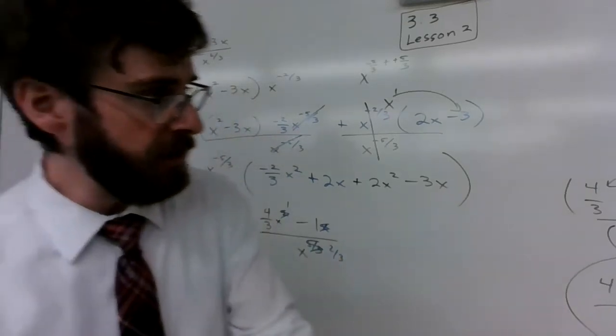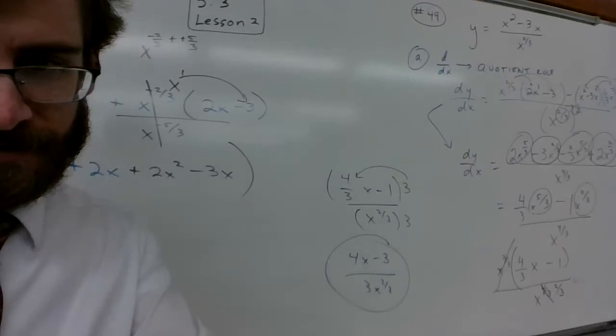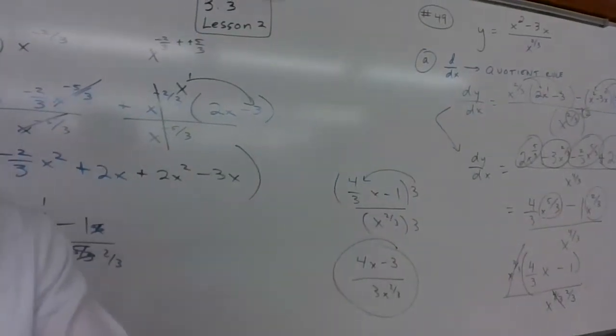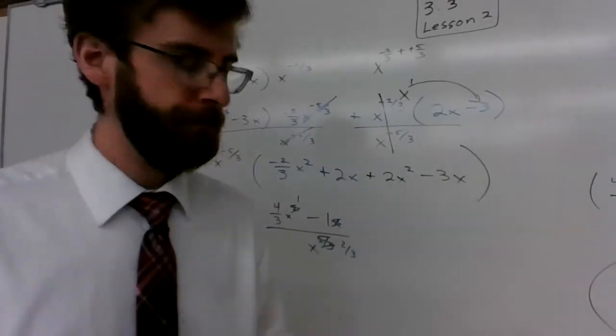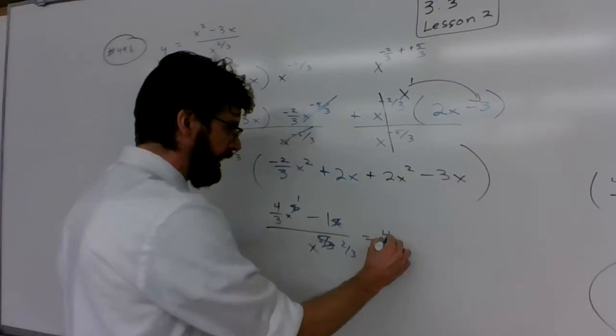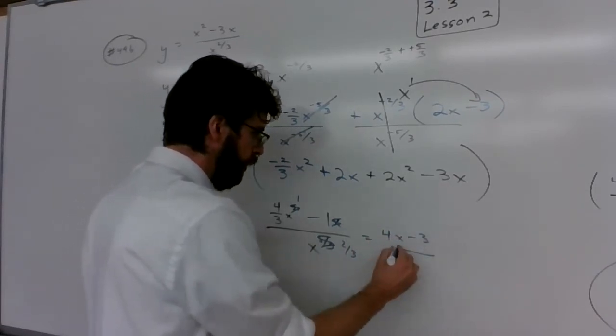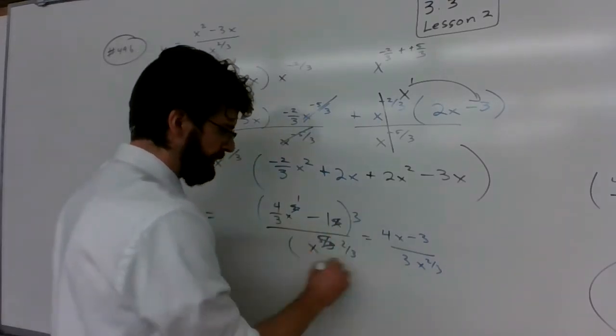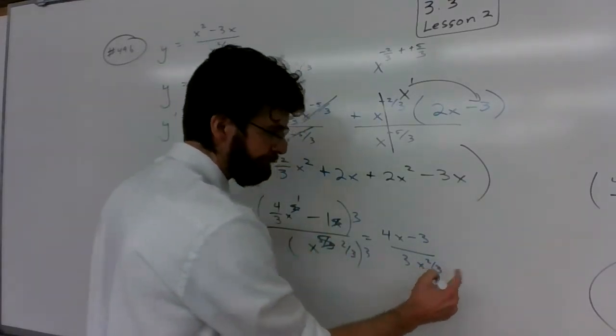And now it's starting to look a lot like what we had over here. So then I could do the same simplification. That would give me 4x minus 3 over 3x to the 2/3, multiplying the top and bottom by 3. Same thing that I did over here.